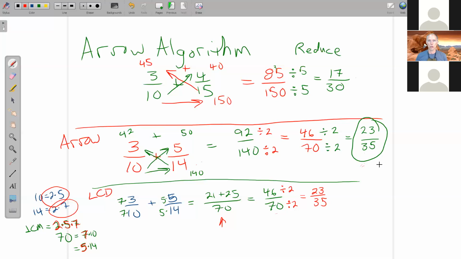All right, so let's try another. Any questions, by the way, about how the arrow and LCD algorithms are different but alike? So I talked more about the differences. How are they alike? Any thoughts?